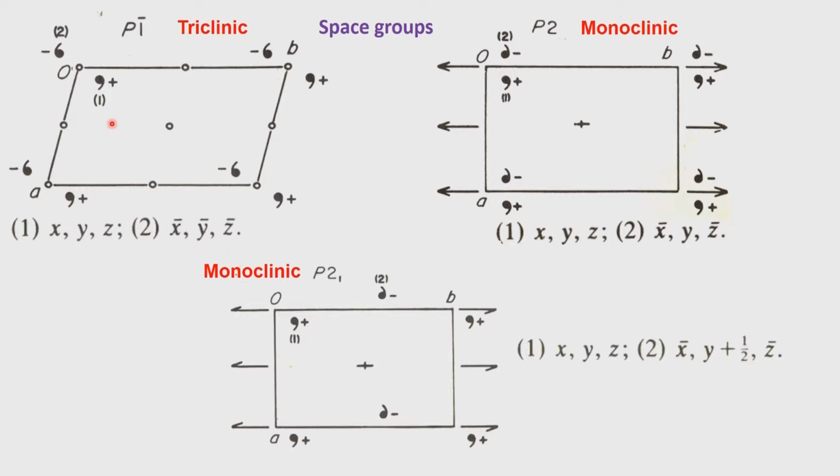So, just to put all the words we have introduced with respect to description of the space group, these are the words. One is of course the crystal system, then the point group symmetry, then the space group information like P1 bar, then the positions of the symmetry elements like the center of symmetry in this case, and then the position of the object. So, finally, it is the object we are interested in.